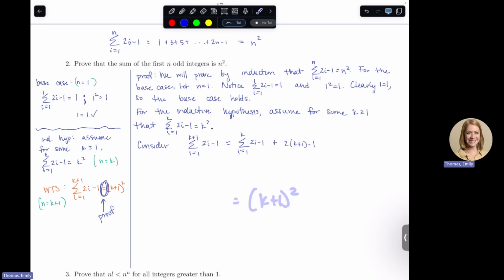But I've got to do the math now to figure out how to do that. So this bit, this thing is k squared. That's from the inductive hypothesis. And then we're looking at 2k plus 2 minus 1, so 2k plus 1. Which factors to k plus 1 squared?